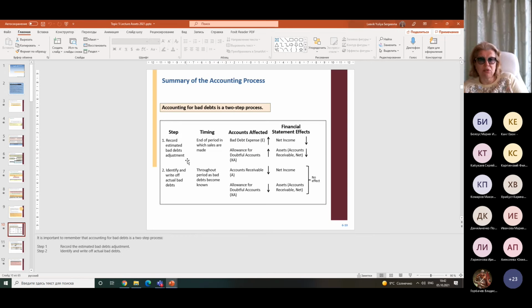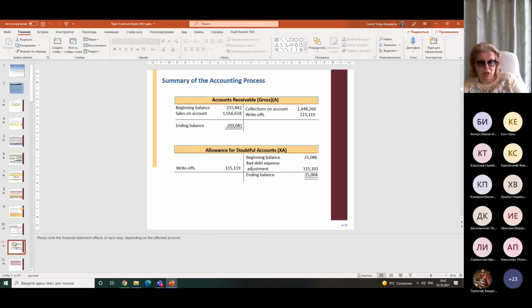So this is a very good slide, which I recommend you take with you to test number 1, because in your test you will find questions concerning what is going on, what accounts are affected, when we record estimated bad debt adjustments. This slide is really useful and very clear, and all summaries are prepared on this.